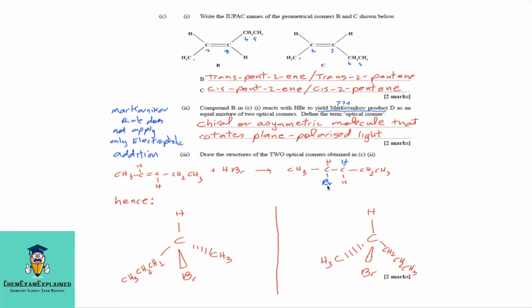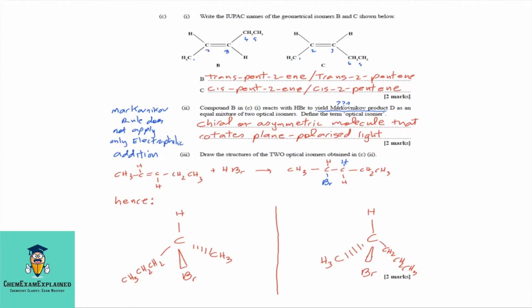You'll notice that Br is being added to the second carbon, which is the first carbon in the carbon-carbon double bond, and H is being added to the third carbon, which is the second carbon in the carbon-carbon double bond. Now, why did I do it this way? Why didn't I put the Br on the other carbon and the H on the other carbon? If I did that, then I would not produce a chiral carbon.